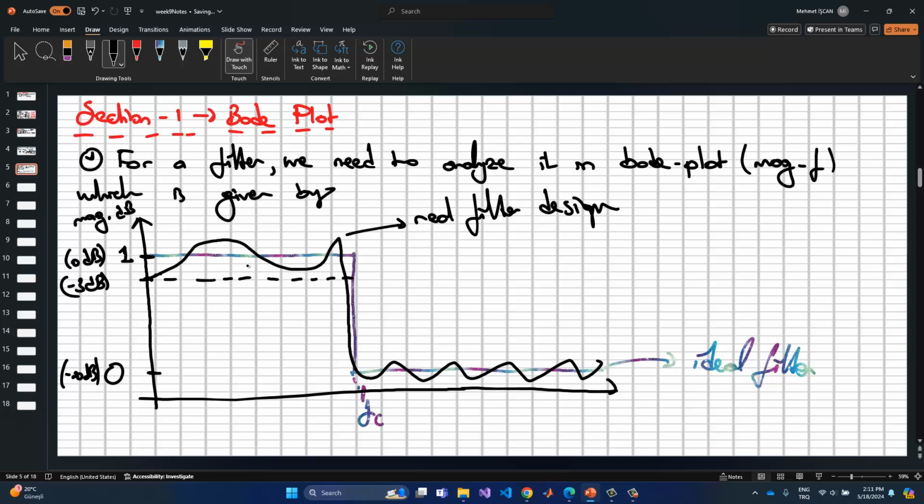So in this case, we define the new parameters in here. The region between these two things is called the passband ripple. And so this region we call the stopband ripple.